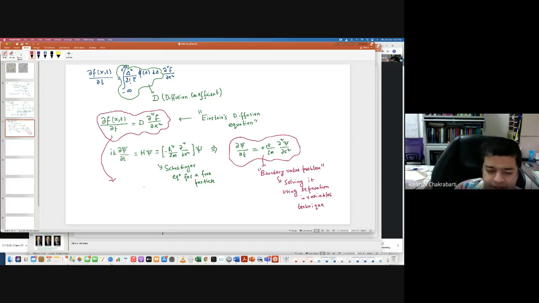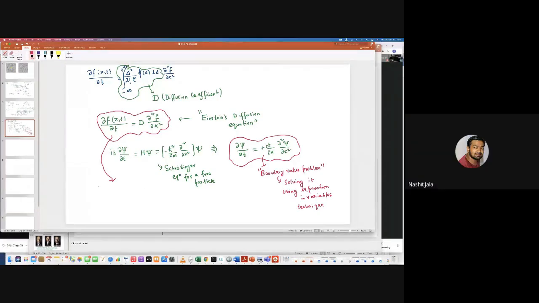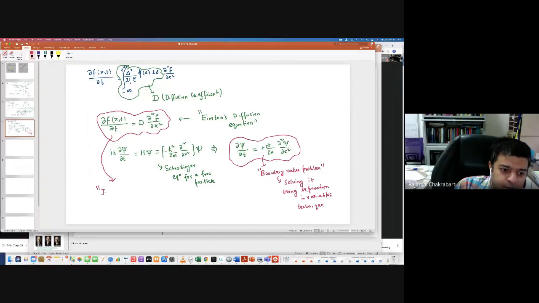This is something else. This equation has to be solved using some initial condition. And what is that called? If you make use of the initial condition to solve a differential equation, it is an initial value problem. So it is essentially an initial value problem.